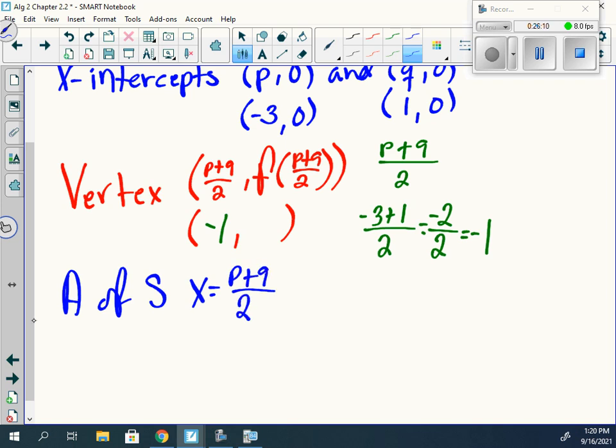Any questions on how we found p plus q divided by 2? Well, the axis of symmetry is x is equal to p plus q divided by 2, so the axis of symmetry is x is equal to what? Negative 1.